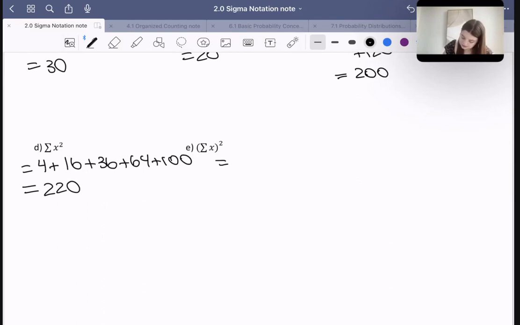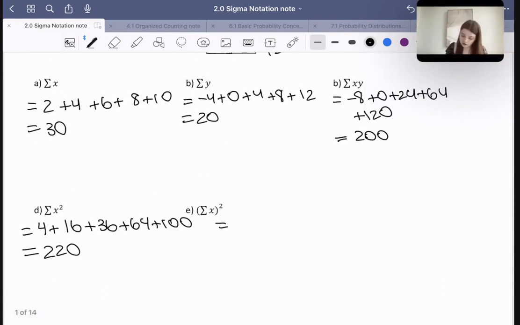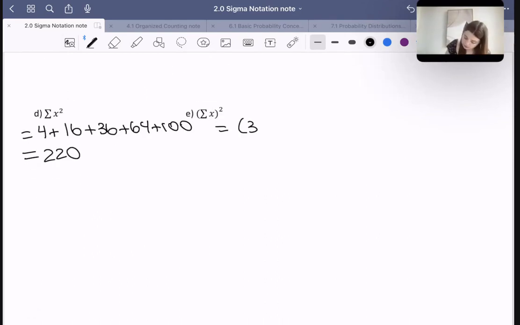Now, at first glance, this might look like the same question, but this next question is actually not the same question. The other one was asking for us to add up all the values of the x values squared. This one is asking us to find the summation of all the x values first, because it's in brackets, and then square that number. So we already found this value in part A. We found out that it was 30. So here what they're looking for is 30 squared, which is 900. And so that actually gives us a different answer.